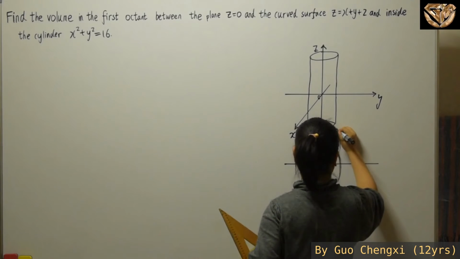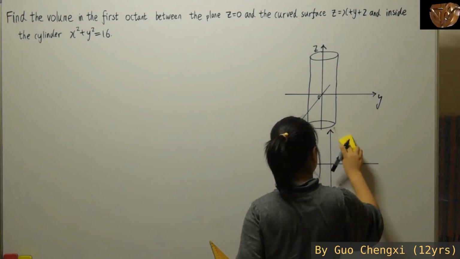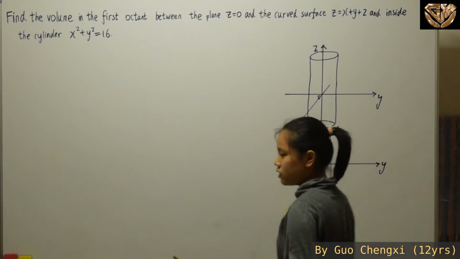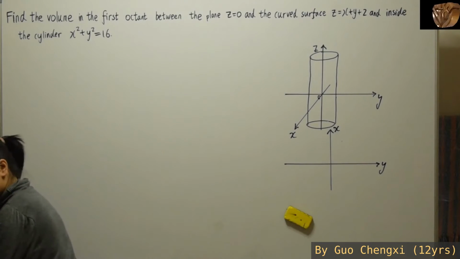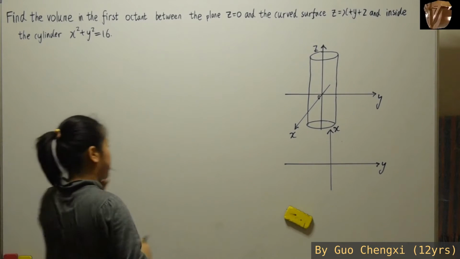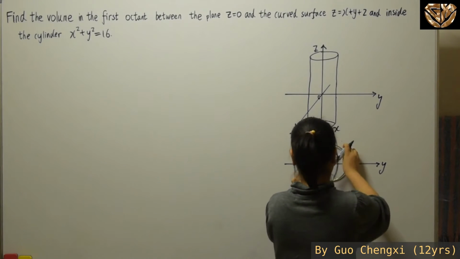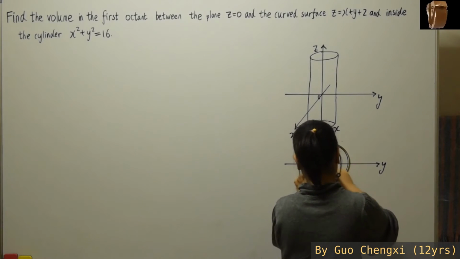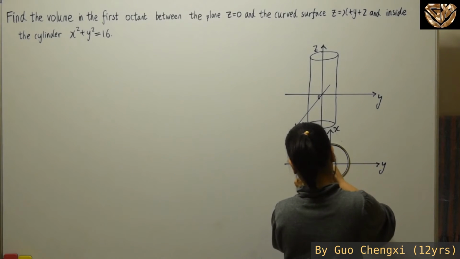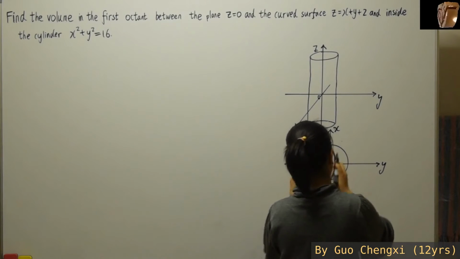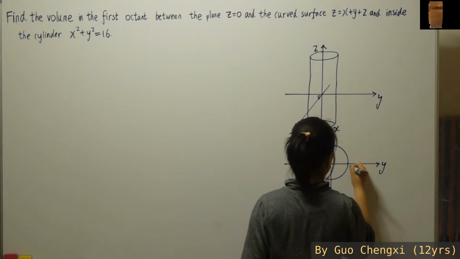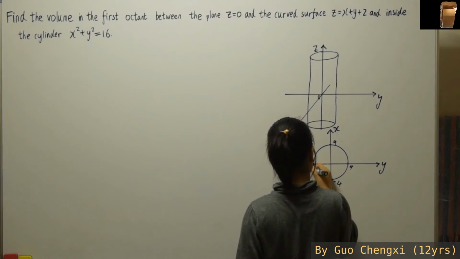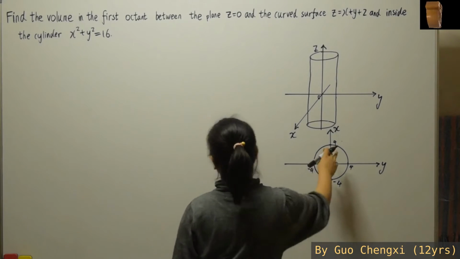Thus over here it's going to be a circle, with 4, 4, negative 4 and negative 4. So this is for x and y.